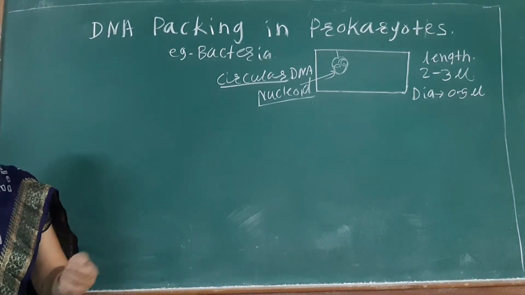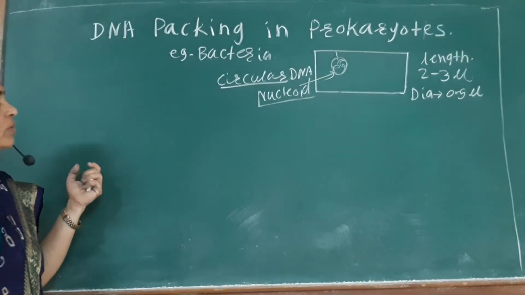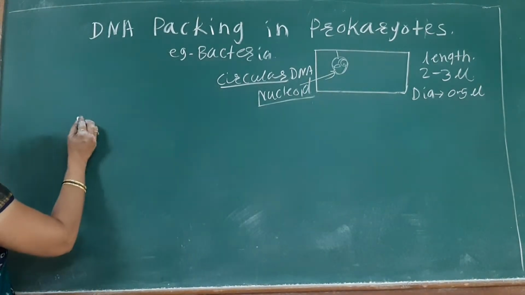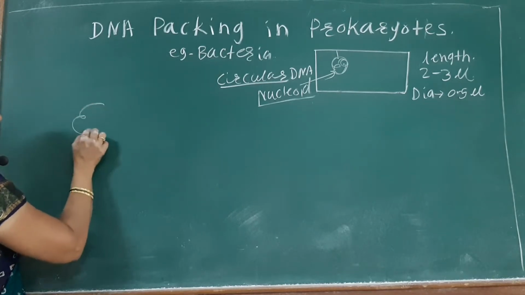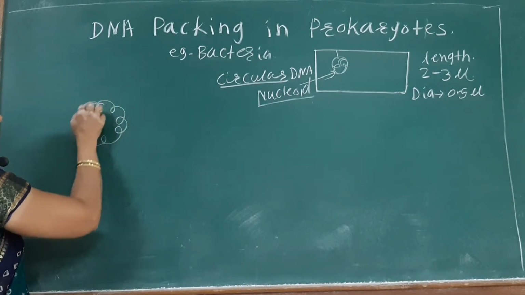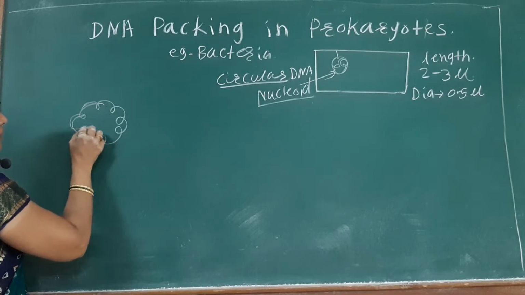Here it is a highly folded circular DNA. If we see the structure of this DNA, it is mainly like this. It is a highly folded structure.